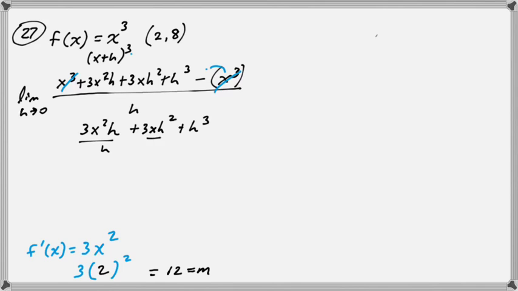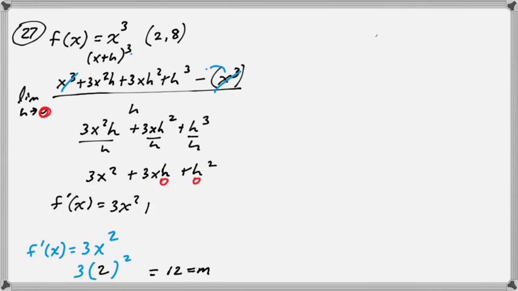They're all divided by h. Gives me 3x squared plus 3xh plus h squared. Again, we're going to replace all the h's with zeros. So f prime is 3x squared plus 0 plus 0, or 3x squared. Put the 2 in, it'll give you the slope of 12.